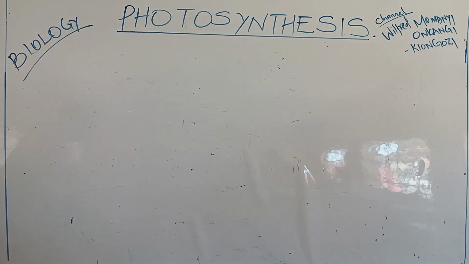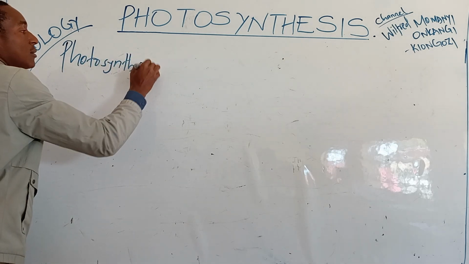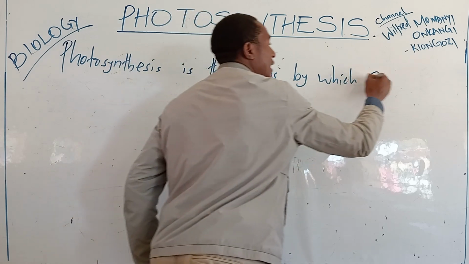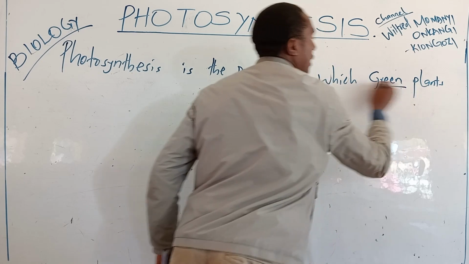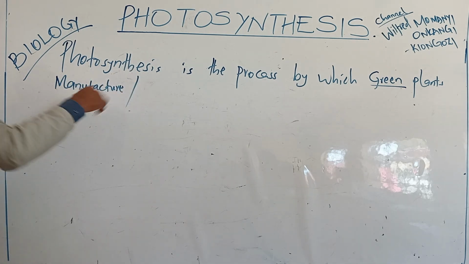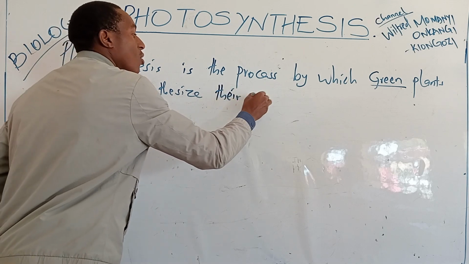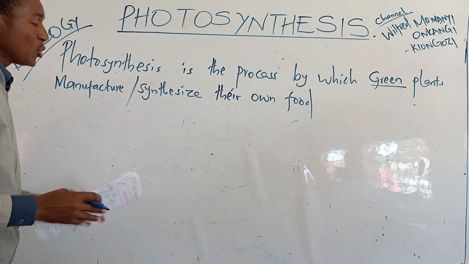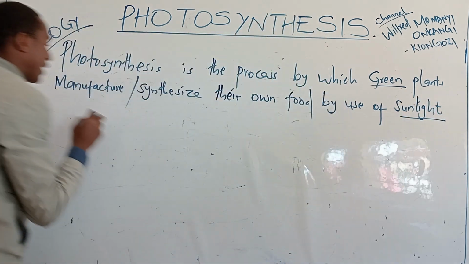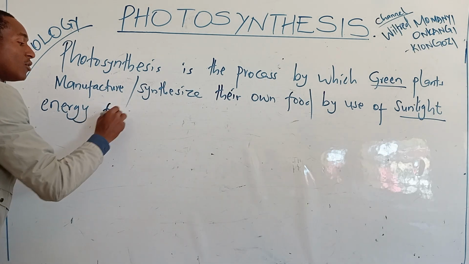So what is photosynthesis? We want to define photosynthesis. Definition: photosynthesis is the process by which green plants, and I underline green plants, synthesize their own food by use of sunlight energy from two things.